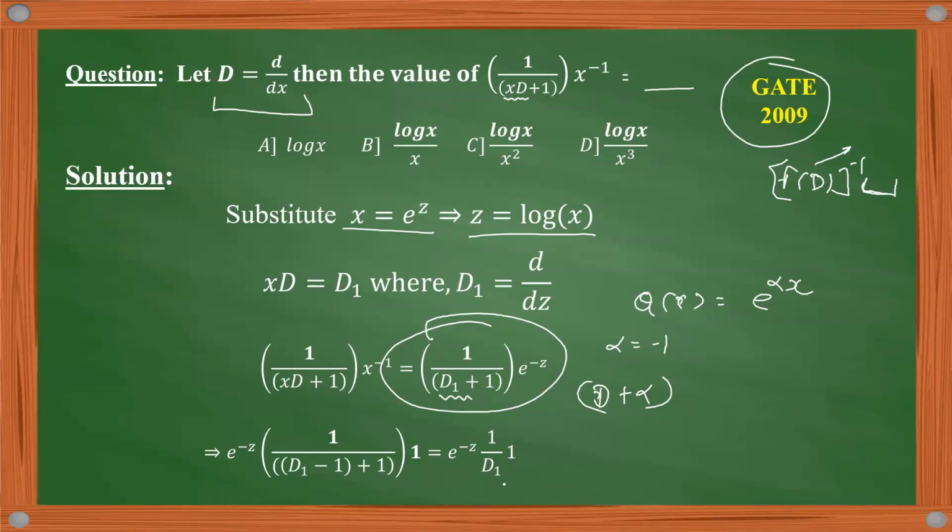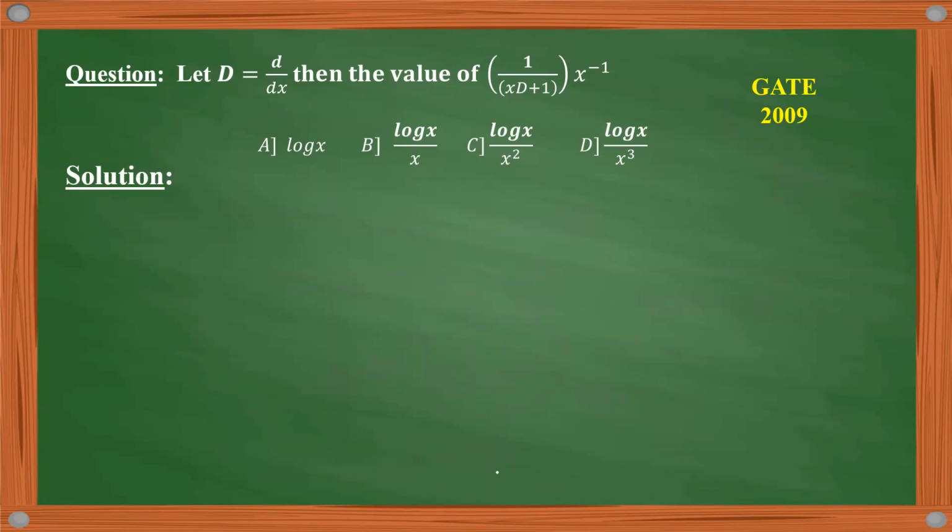Now we discussed in yesterday's lecture that wherever it is 1 upon D or D power minus 1, it means it is the integration operator. So now we need to integrate 1 with respect to z one time. It will be simply z. So our final solution will be e raised to minus z into z. Now again make the substitution.